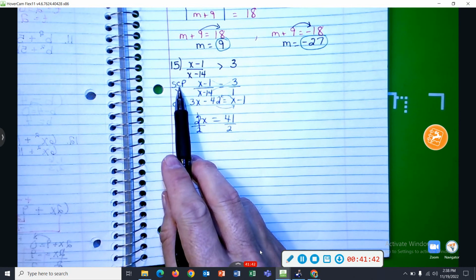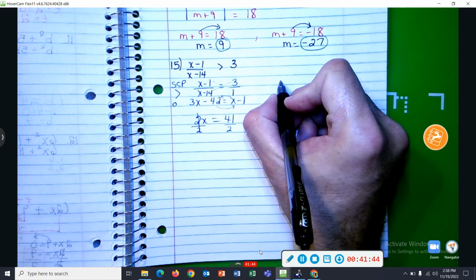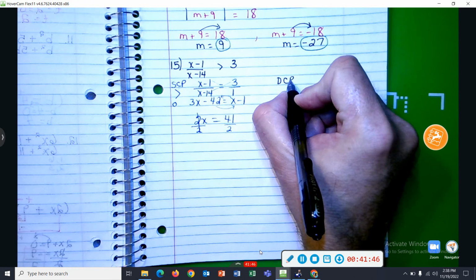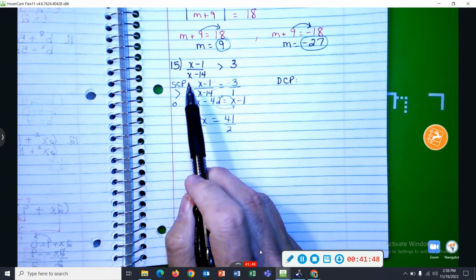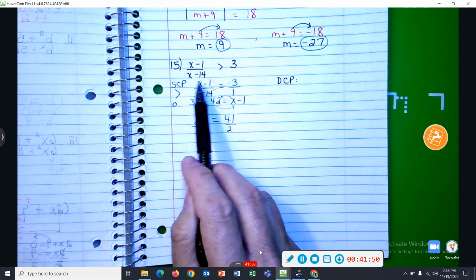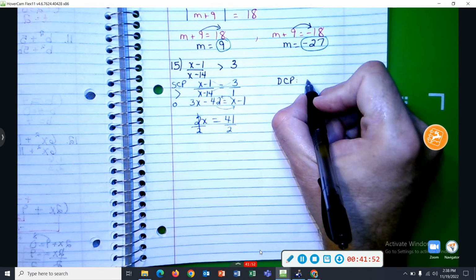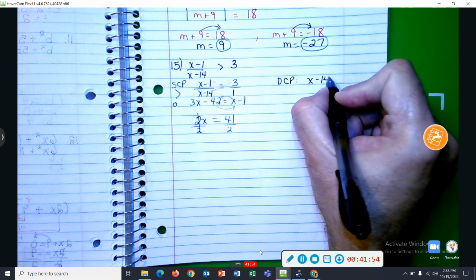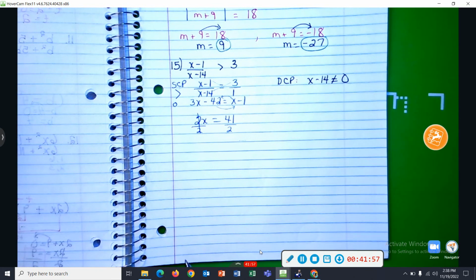So first we find the solution cut points, then we find the denominator cut points. Well, what's the one number we can never have in the bottom of a fraction? 0. You can never have 0 in the bottom of a fraction.